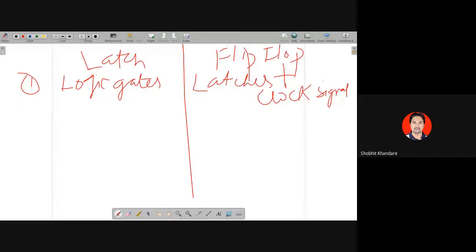I told you about the pulses: edge trigger, positive edge trigger, negative edge trigger, positive level trigger, negative level trigger. With the square waveform, we understood the 4 types of clock trigger, and also the different parameters like duty cycle, time period and frequency. This you should also know. So the first point is regarding the construction of the latch and the flip-flop.